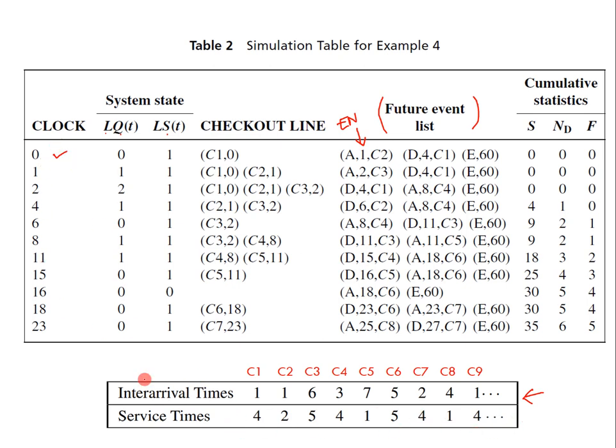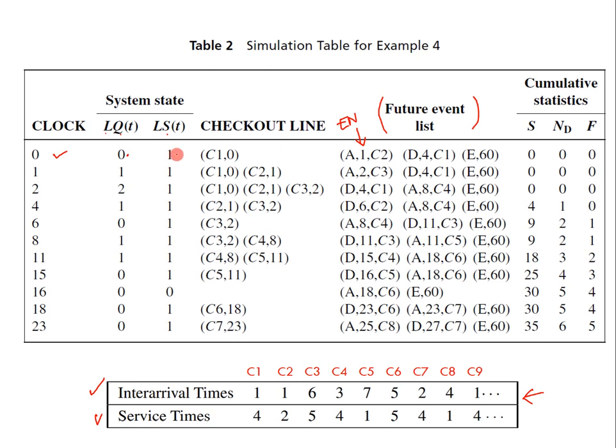Alright. So based on the inter-arrival time and service time, how do we fill up this table? We start at clock time 0, that is the starting point. At clock time 0, normally the first customer arrives. At this point there will be no customer in the queue, because at time 0, when the customer arrives at the cash counter, it will directly go to the server.